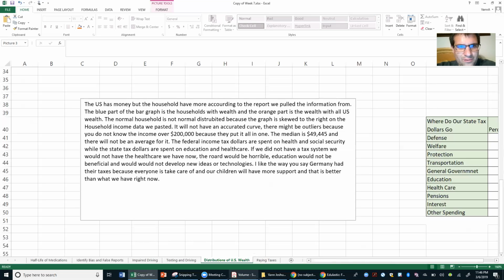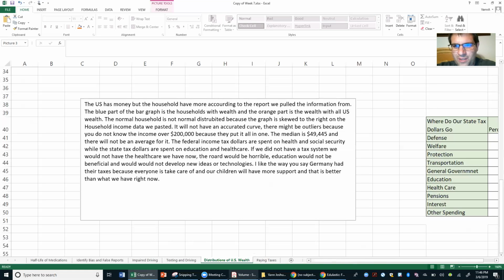The normal household is not distributed because the graph is skewed to the right on the household income data we passed. It will not have an accurate curve.